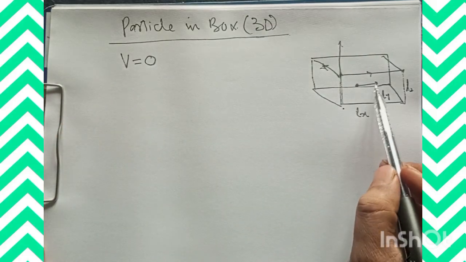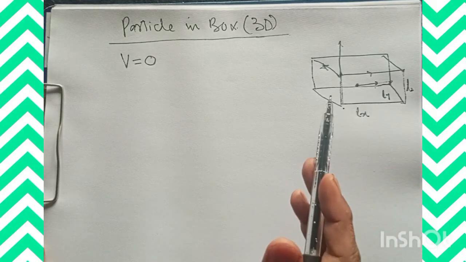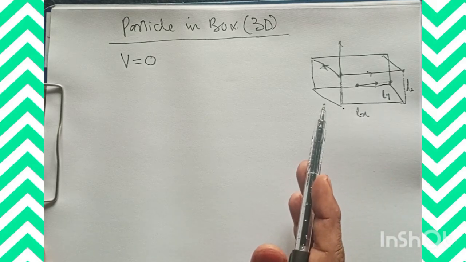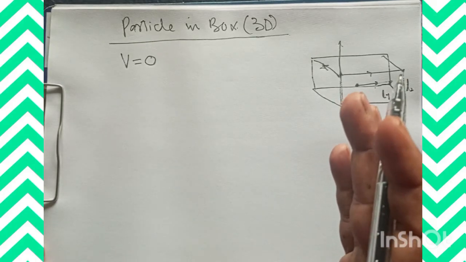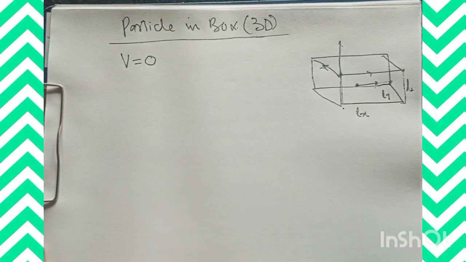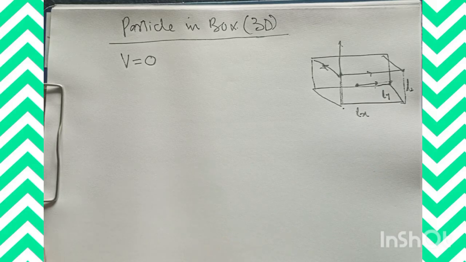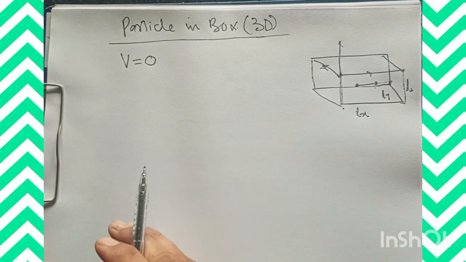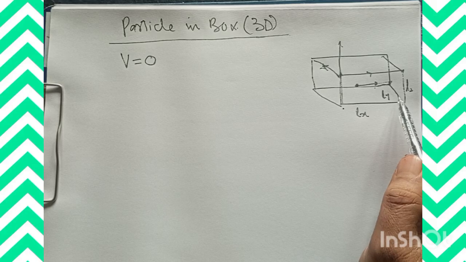But suddenly, when the particle reaches the boundary, there's a sudden rise in the value of potential, and this sudden rise in potential acts as the boundary for this particle, and this potential remains infinite for the particle at these walls.